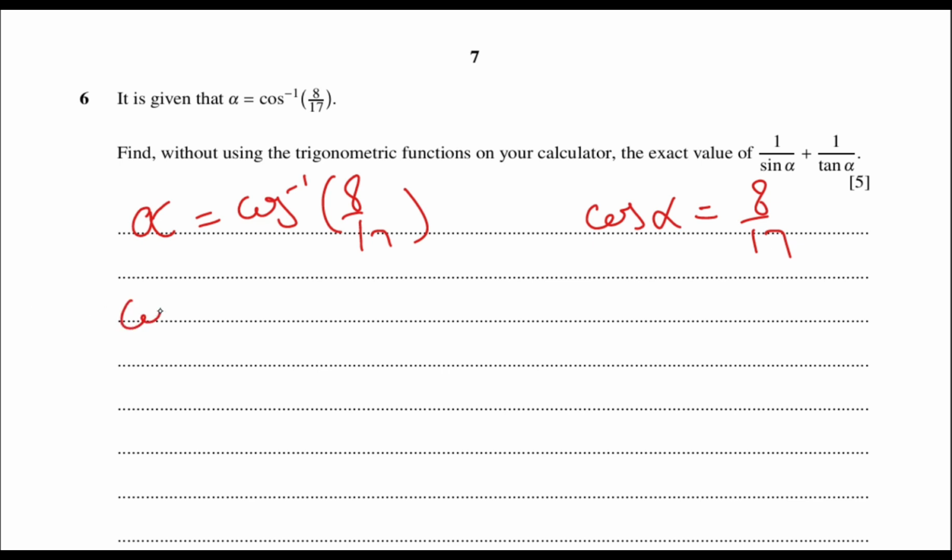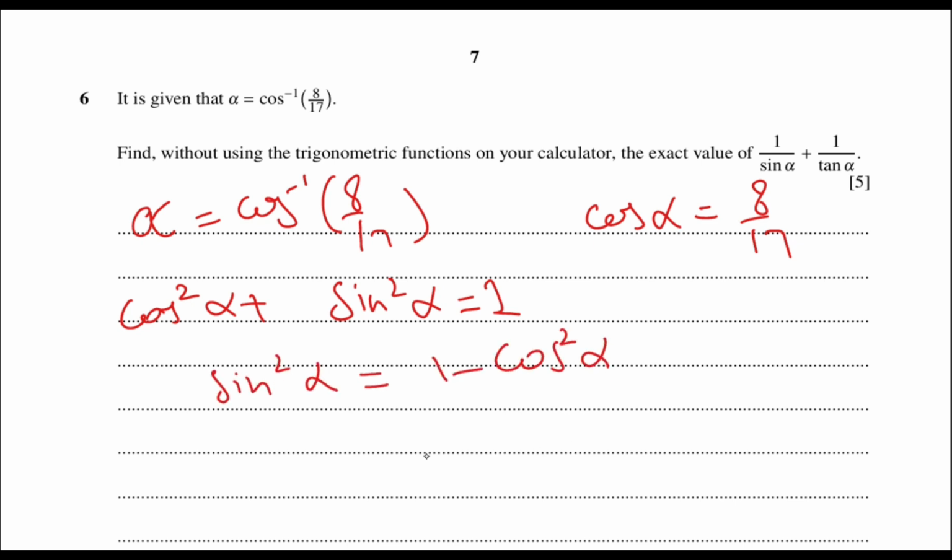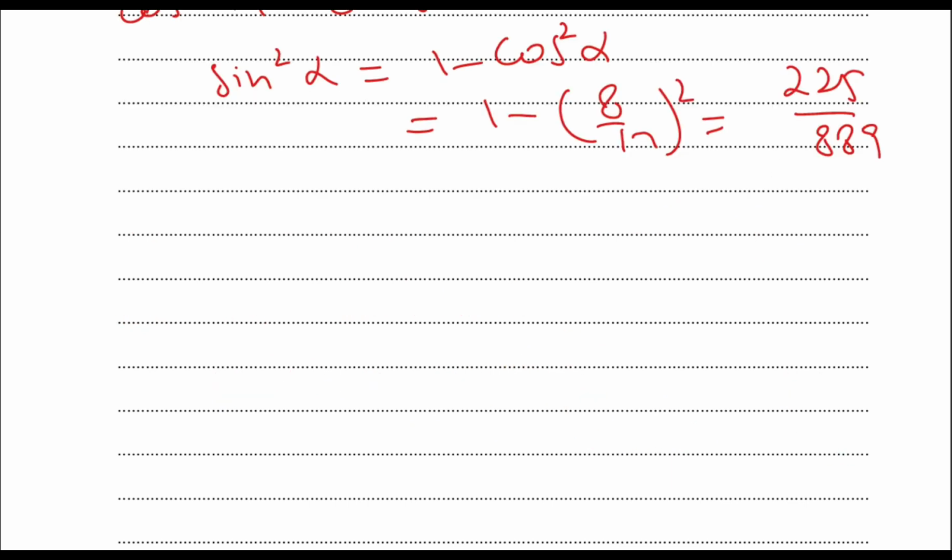Now we will use the trigonometric identity: cos squared alpha plus sin squared alpha is equal to 1, so sin squared alpha will be equal to 1 minus cos squared alpha. It will be 1 minus (8 over 17) squared. We will get 225 over 289. So this is the answer for sin squared alpha.